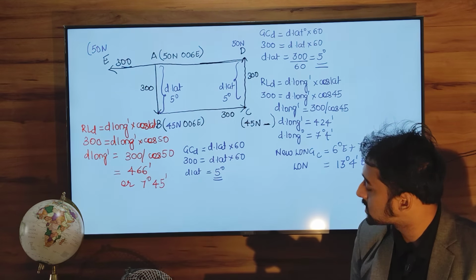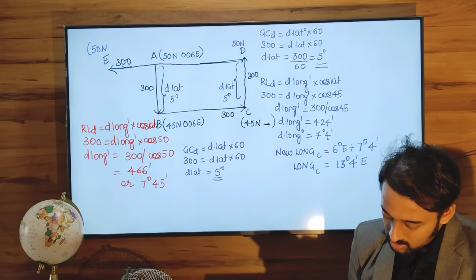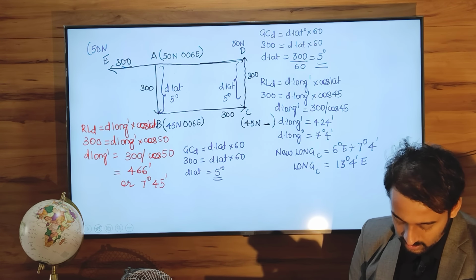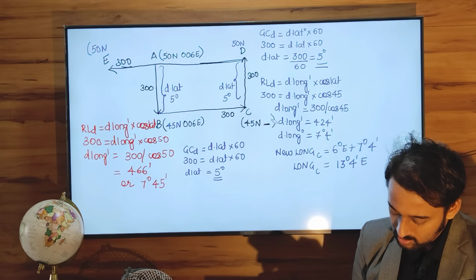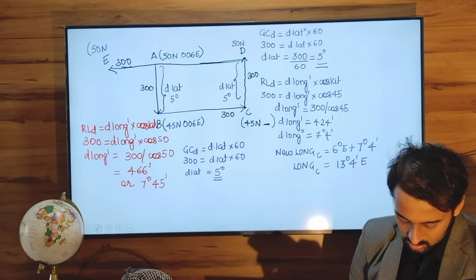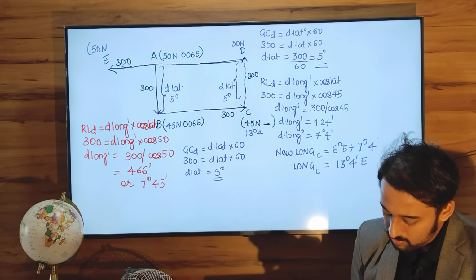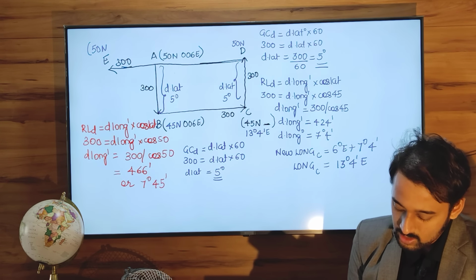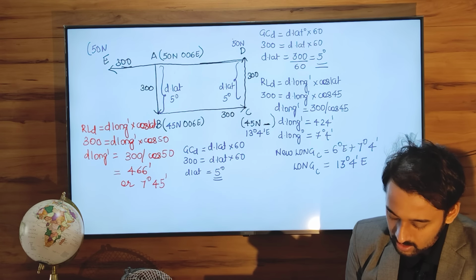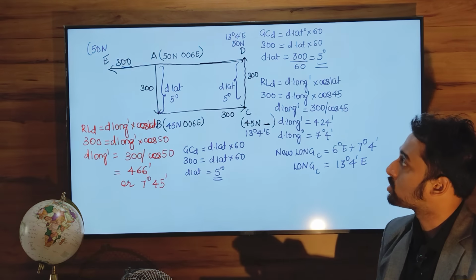So longitude at C is 13 degree 4 minutes east.